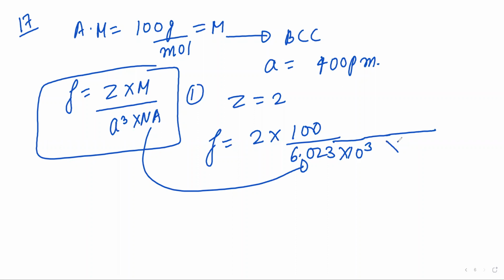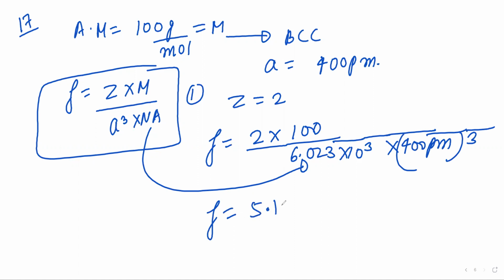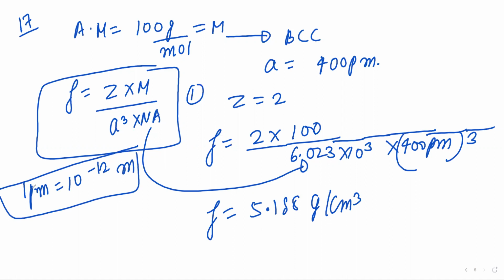So a value we know, that is 400 picometer, into cube. So you will solve, then you will get 5.188 gram per centimeter cube. So we know 1 picometer is equal to 10 raised to minus 12 meters. So this will be the value. Please write it down.